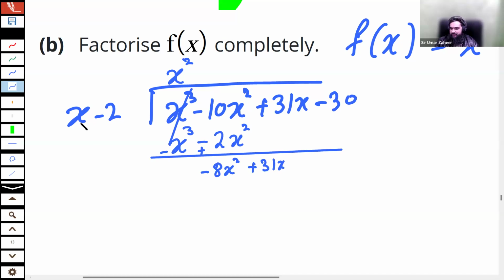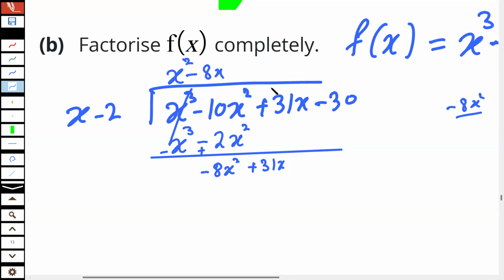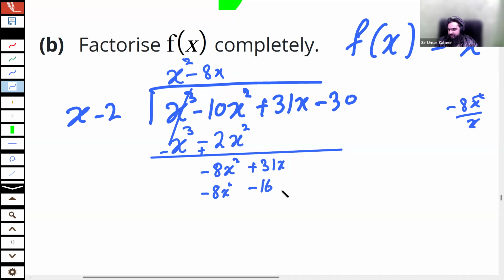Yes, Mustafa, from which value do I have to multiply to get minus 8x square? Just minus 8x. This is cancelled out. Minus 2 multiplied by minus 8 will be minus 16x.